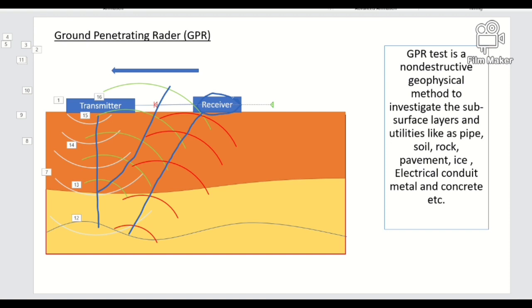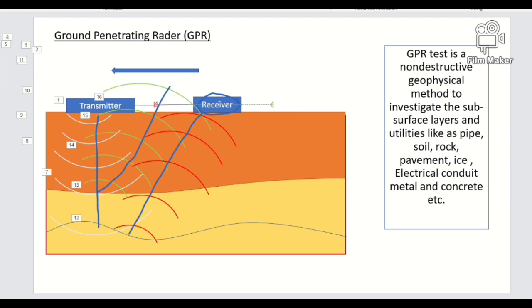And so the GPR test is used to investigate the subsurface layer or utility, like pipe or soil, any rock, or to investigate the pavement, ice, concrete, any conduit, or any metal under the subsurface, any sewage drainage under the subsurface.